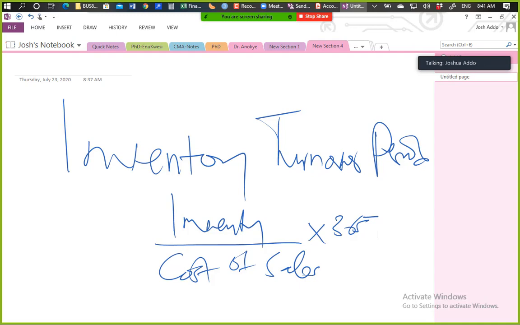Sir, I don't understand why the 365 is constant, because we know that in a leap year we have 366 days. When you are calculating the inventory turnover for a leap year, would you be wrong if you make it 366?